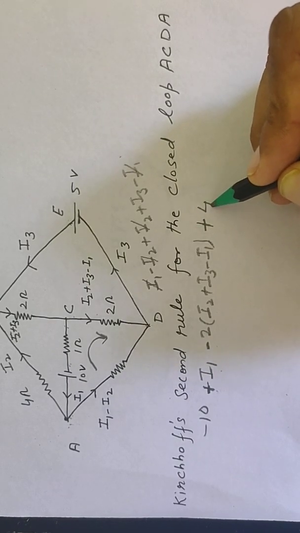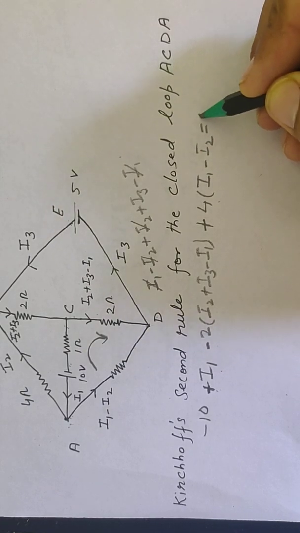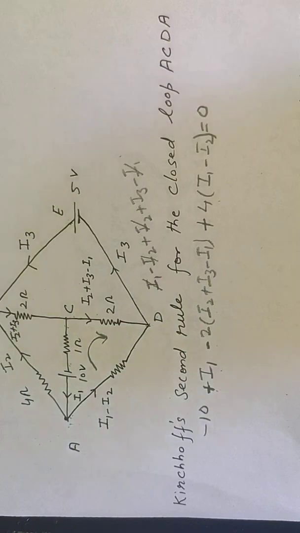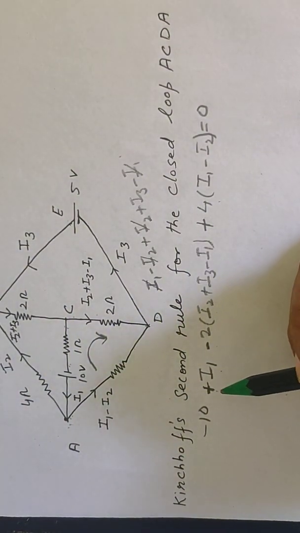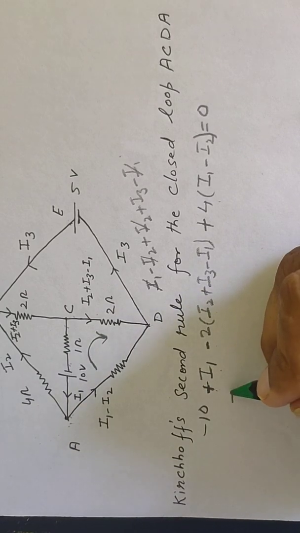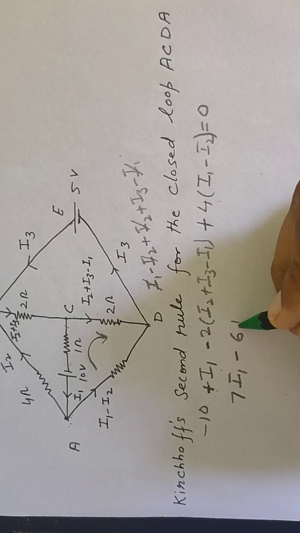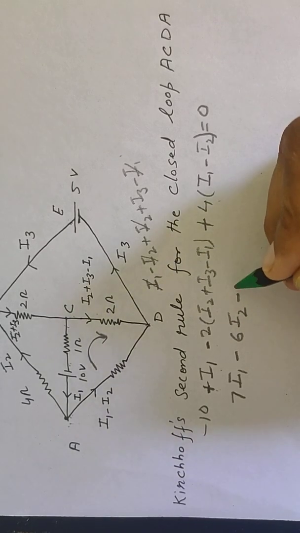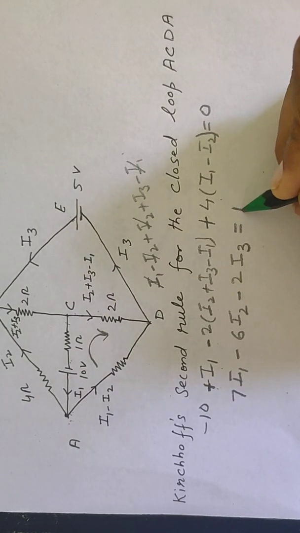So here we get 4 times I1 minus I2 is equal to 0. Right. Now rearranging these, we get 7 I1 minus 6 I2 minus 2 I3 is equal to 10.